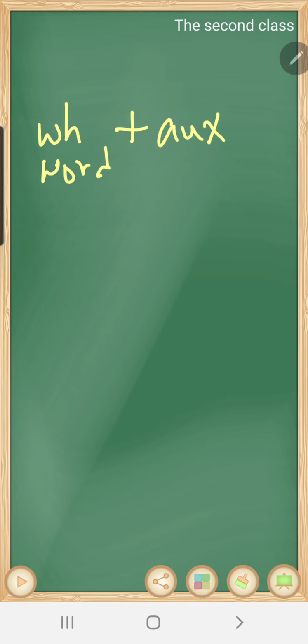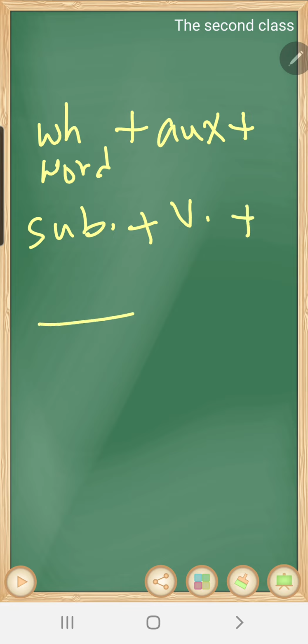Rule number 1 say we have to put WH word at the beginning of the question plus auxiliary verb الفعل المساعد plus subject plus verb, the main verb of the sentence, plus either complement تكملة or object, and finally we have to put the question mark.